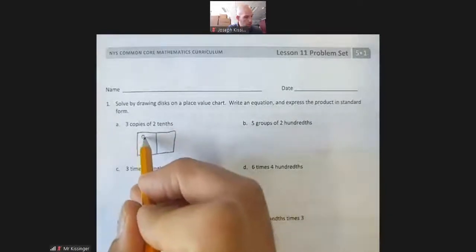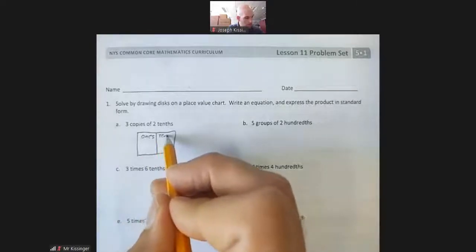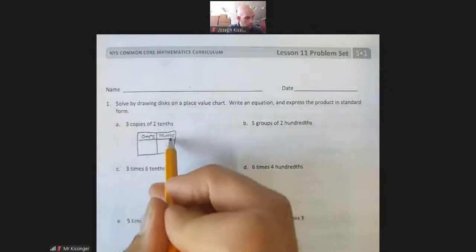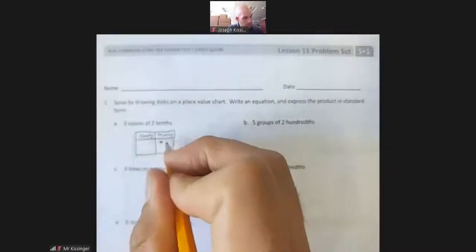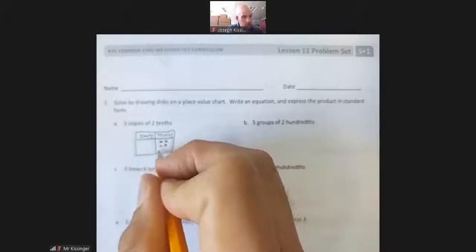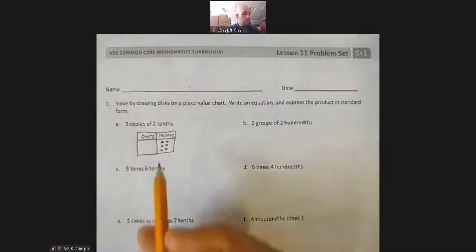And right here we'll do 1s. And here we'll do 10ths. And we have 3 copies of 2/10. So we have 1, 2, 3, 4, 5, 6. Whenever we have 10/10, we can cash that in for 1.